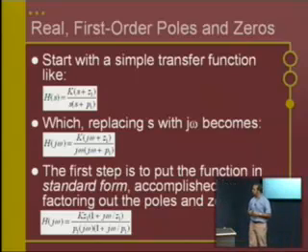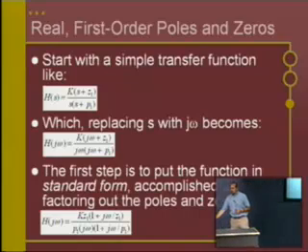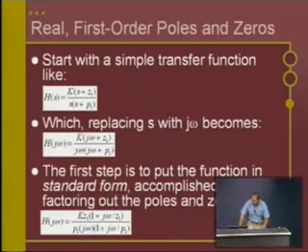We looked at how to do real first-order poles and zeros. These are fairly straightforward. We try to put it into a consistent kind of canonical form, where we get rid of that S term again and put it back into the j omega form.